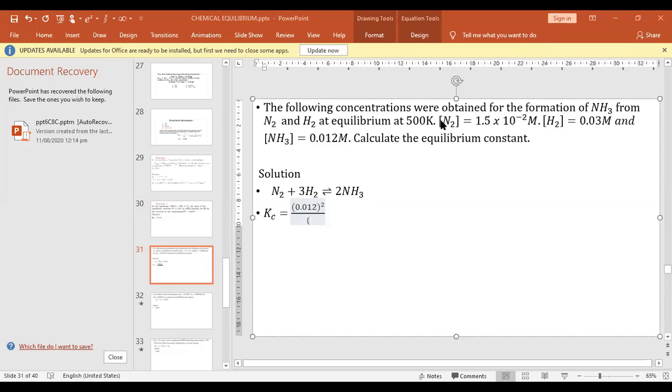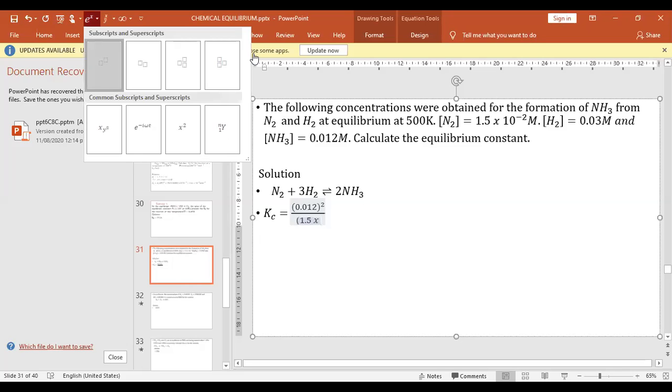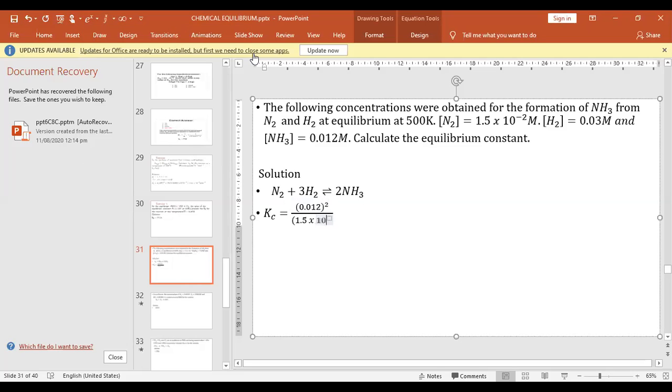The concentration of nitrogen is 1.5 times 10 raised to the power negative 2. This is multiplying.